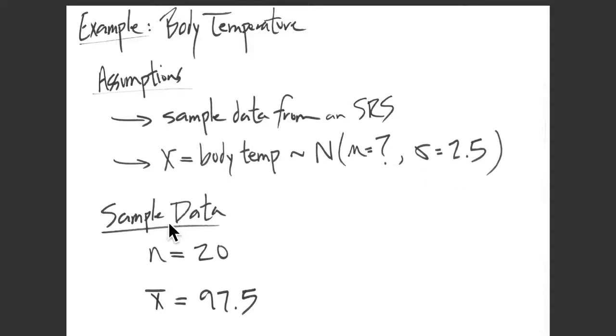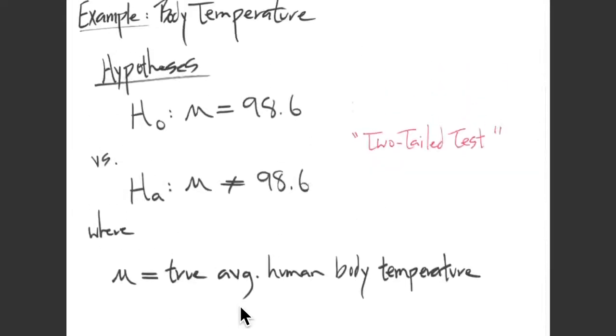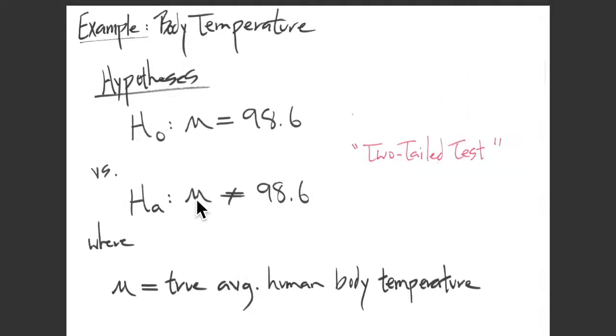Our sample data is a sample of size n equals 20, and we found in that sample that the sample mean was 97.5. So again, on the face of it, the sample data do seem to support the alternative hypothesis that the population mean is different than 98.6.